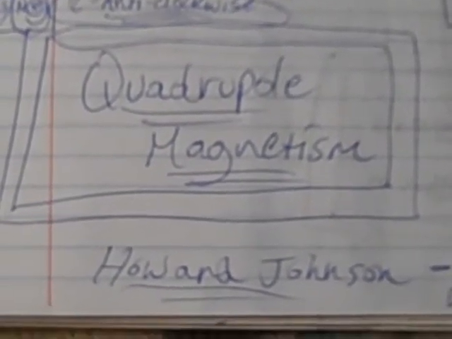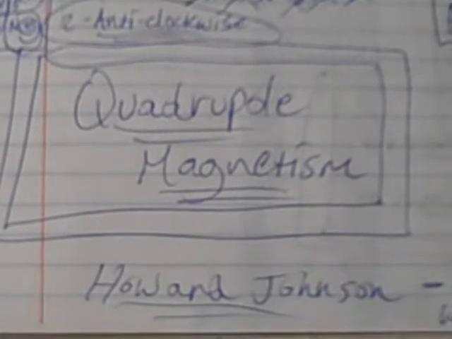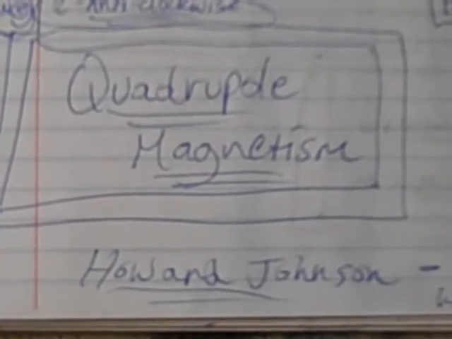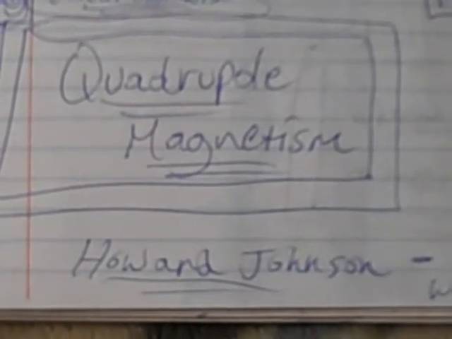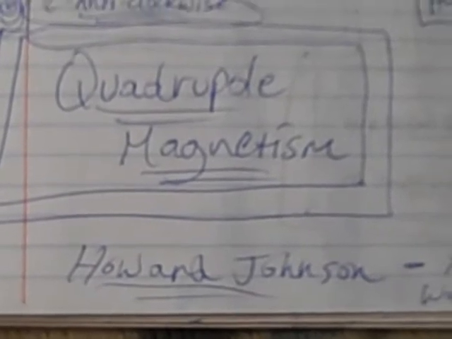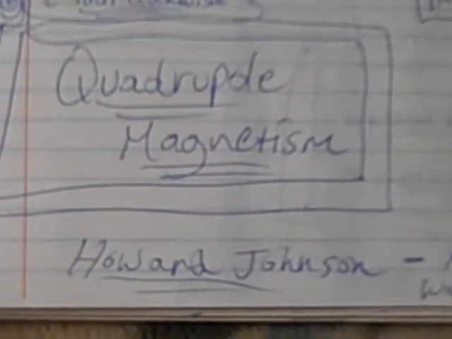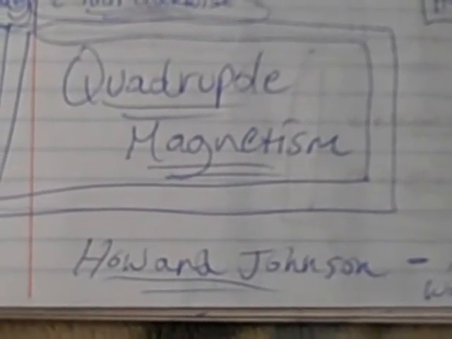But the theory is that all forms of magnetism are not dipole or monopole, but rather quadrupole, that there are 4 magnetic poles at all points in space and in all forms and structures.